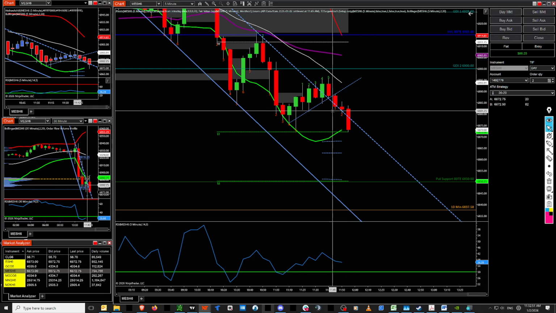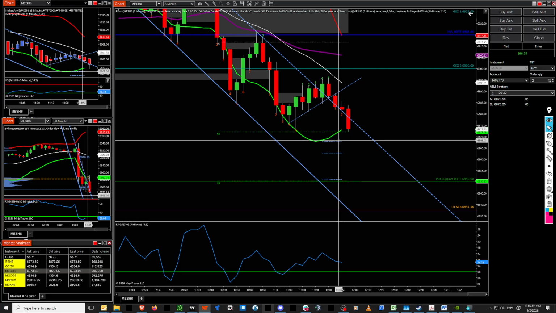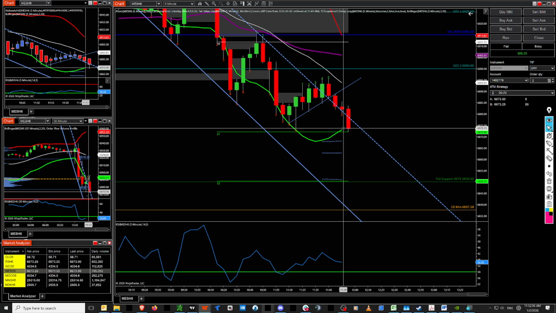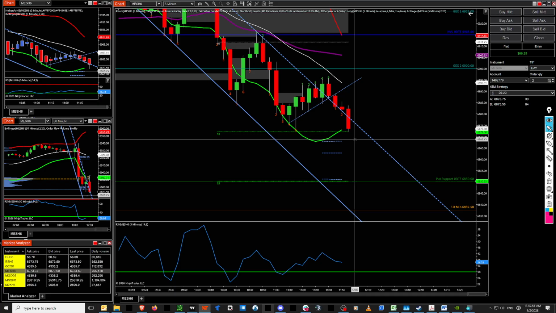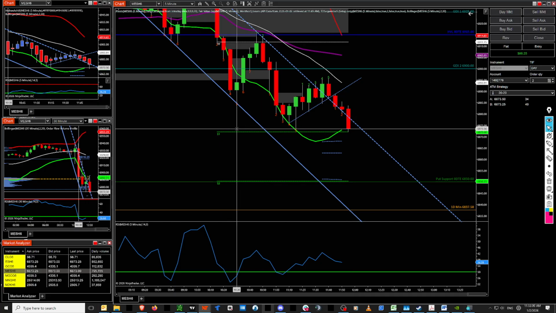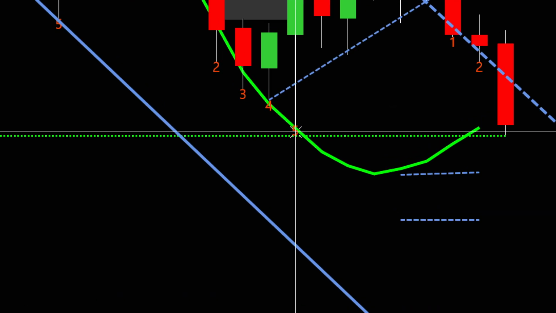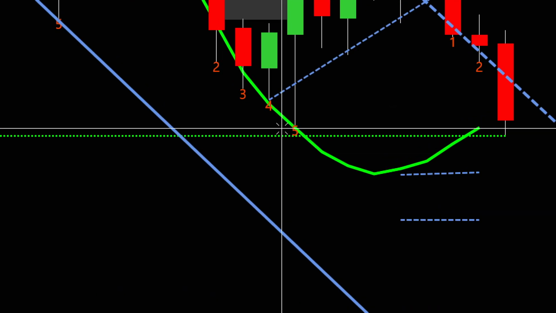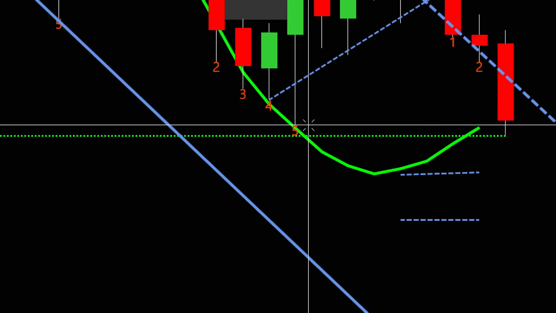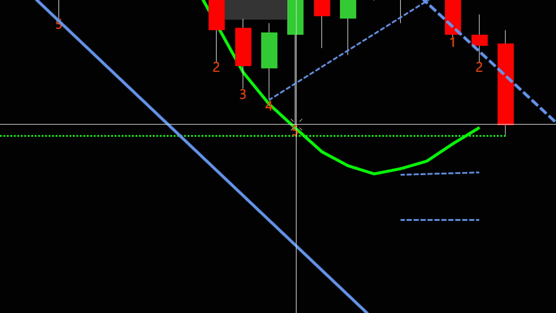So my first target, we had confluence right about here. Of course, this Bollinger Band has turned up some. We are hitting a pivot point here, and we have some liquidity right here. So we took liquidity from this candle.